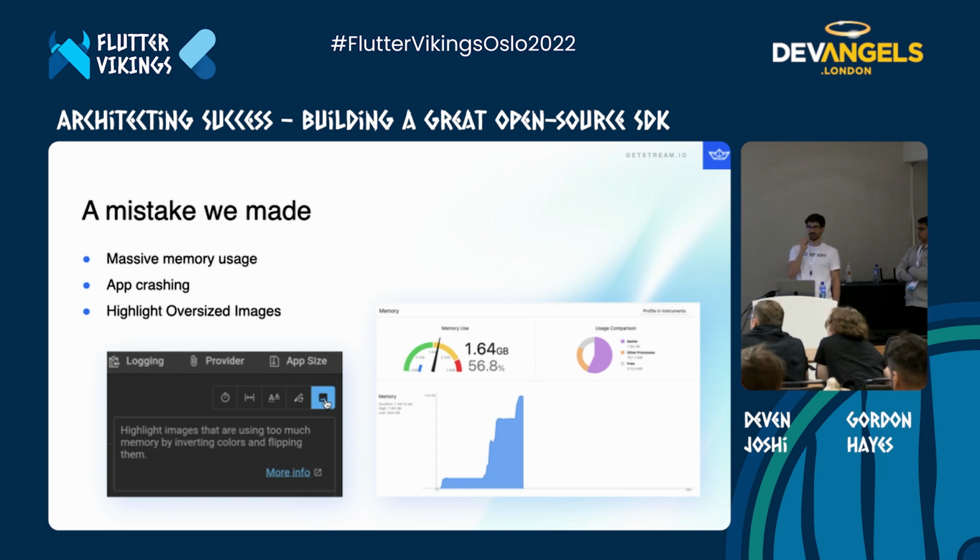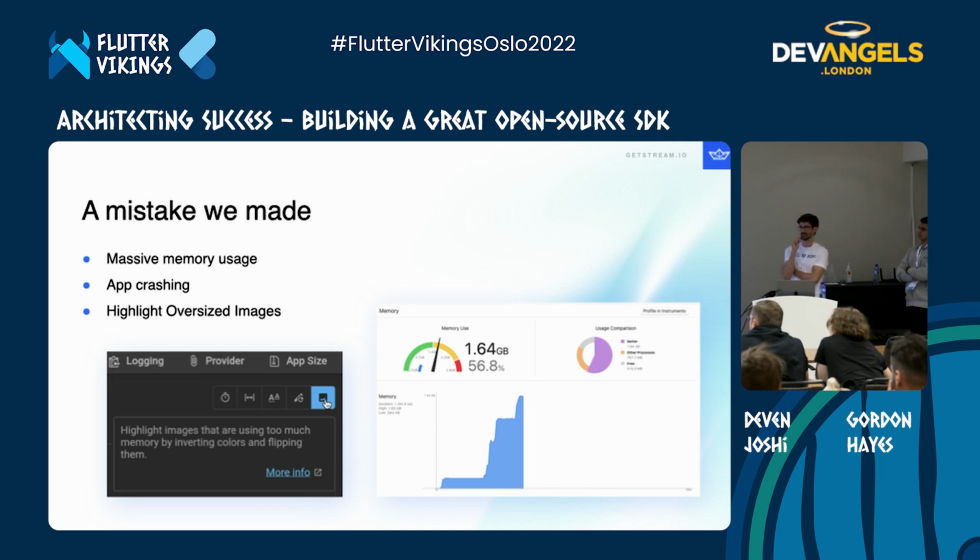A mistake we made with our list view. One of our clients sent us this screenshot saying that if they have a lot of images in their app, they're noticing it's using over 1.5 gigabytes. So we're like, oh, there's a problem. This shouldn't happen. A small API change on our side resulted in us not using the optimized or resized images.